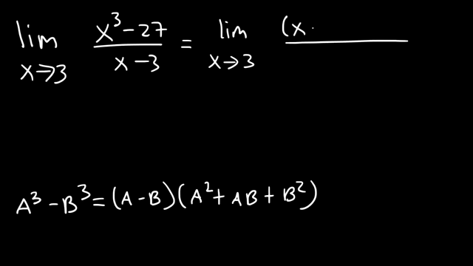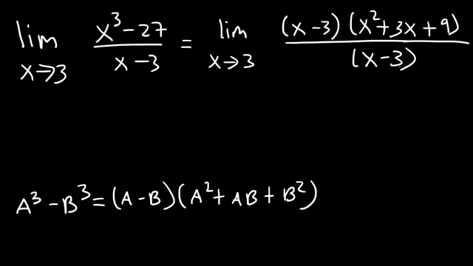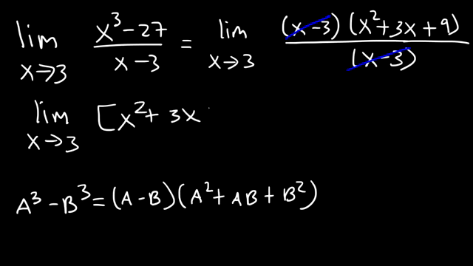So this is going to be x minus 3, and then a squared, that's x squared, plus ab, that's 3 times x, plus b squared, or 3 squared, which is 9. Now we can cancel the factor x minus 3. What we have left over is the limit as x approaches 3 of x squared plus 3x plus 9.